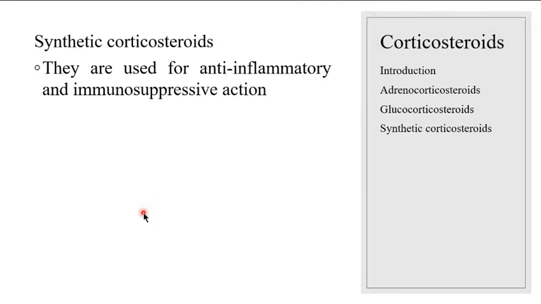So basically, from the clinical point of view, we have endocrinal use and we have non-endocrinal use. And among the non-endocrinal use, most of the corticosteroids are used for anti-inflammatory and immunosuppressive actions.